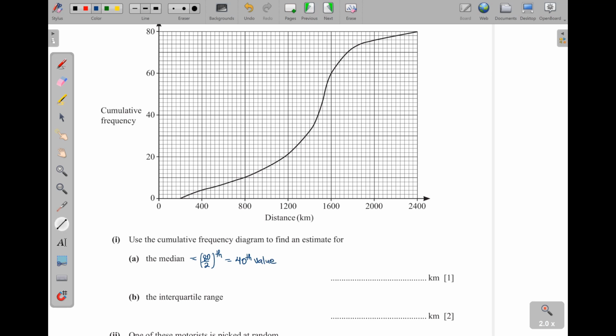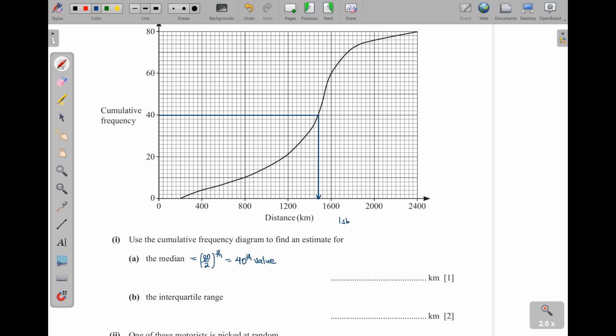So we go to our diagram here, and then we look for 40. You get your ruler, you draw up to where the curve is, and then you go down here, you read off that value. Now, you can check right from here what is the equivalence of a small box here.